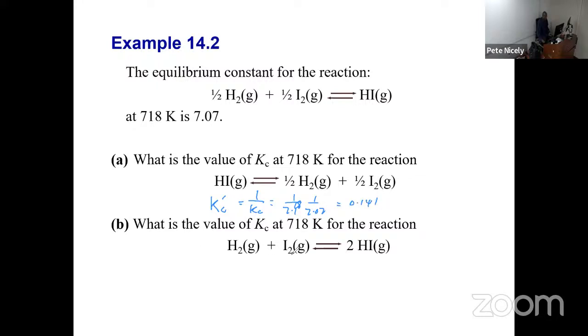Okay, and then what about this one? I'm going to call this Kc double prime. That would be equal to what? Comparing this equation to this equation, what do you notice?